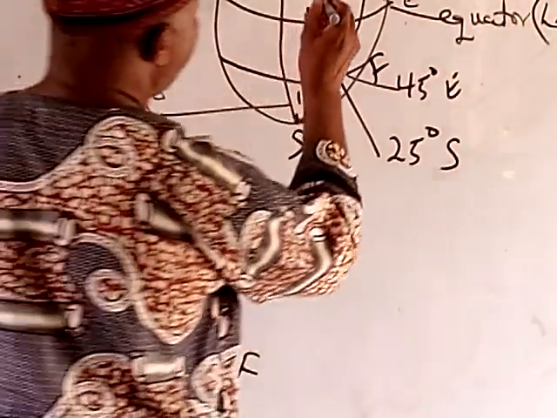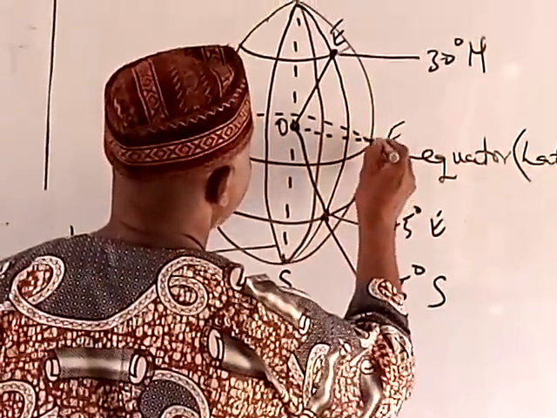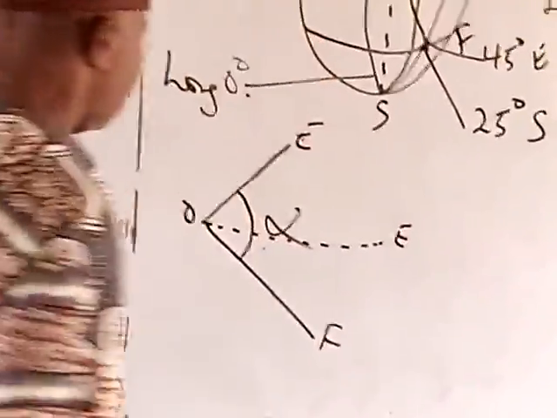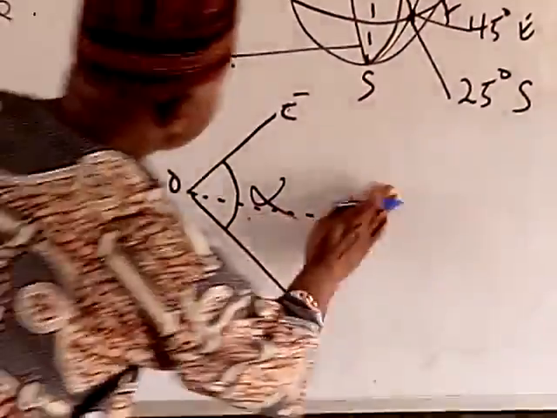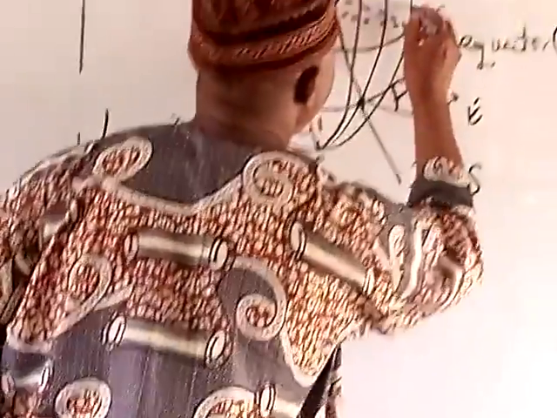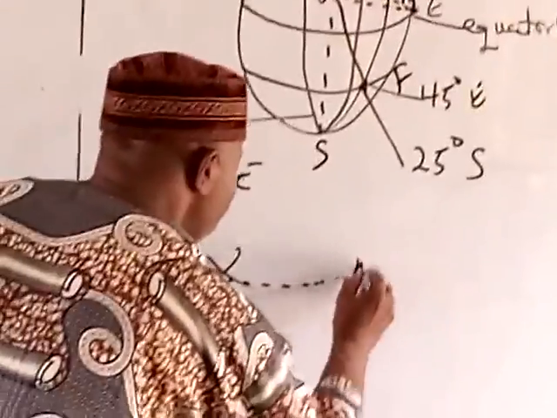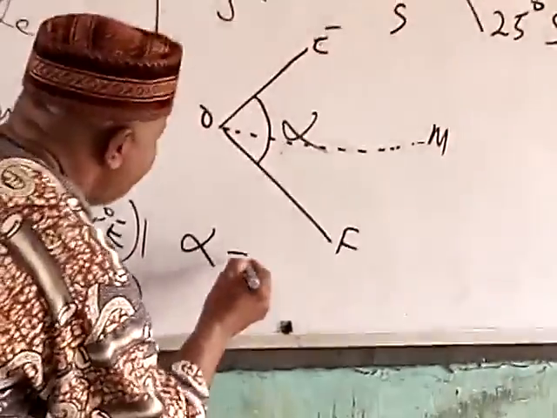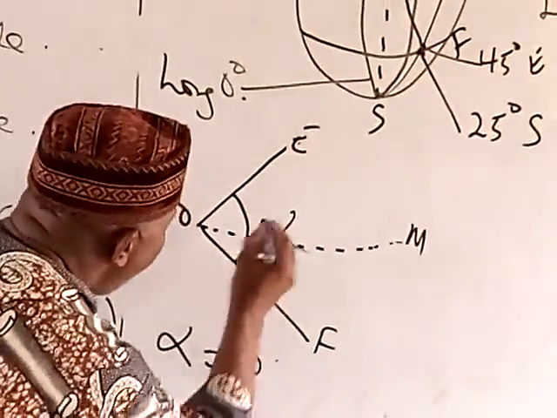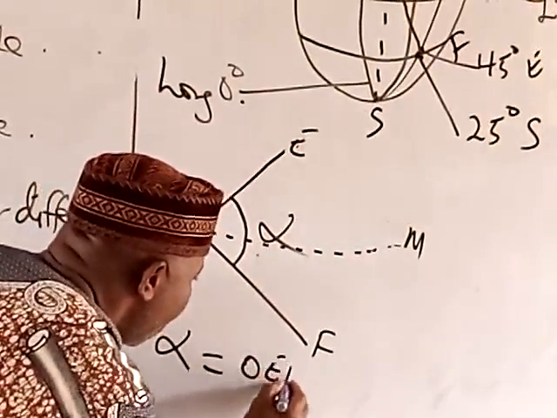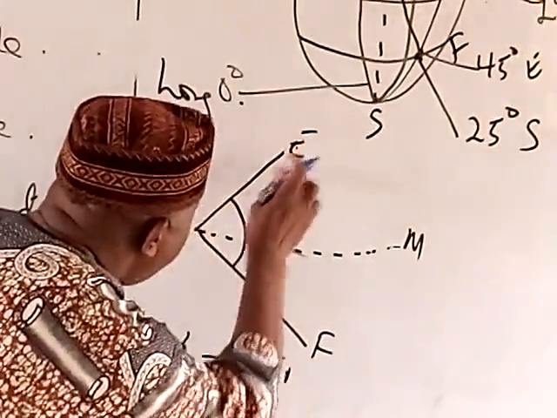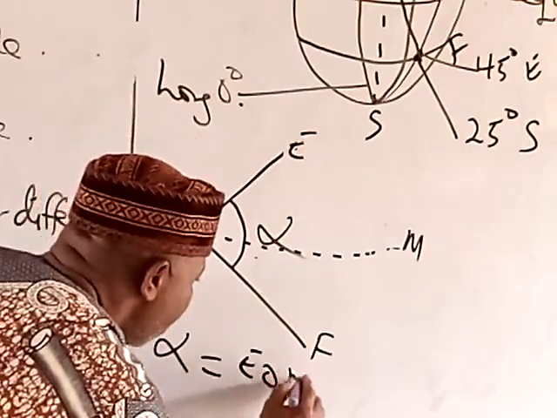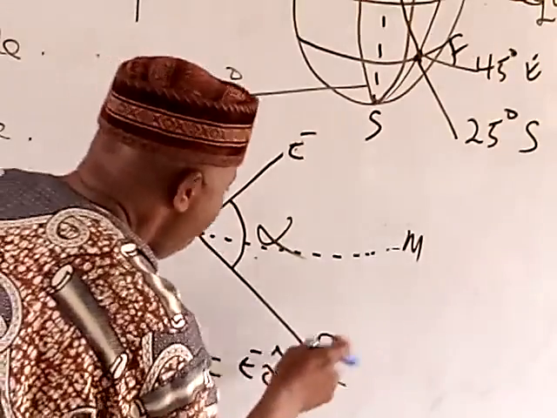Don't forget, you can have this line. Then, let me call this M. Then this alpha is the same thing as angle EOM plus FOM.